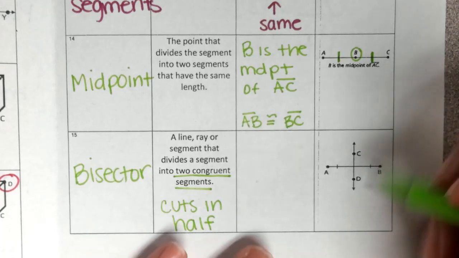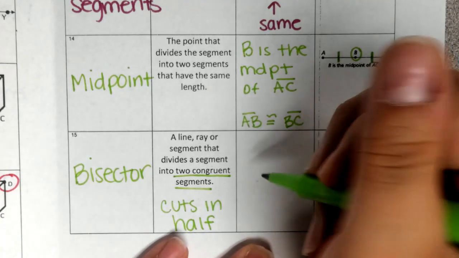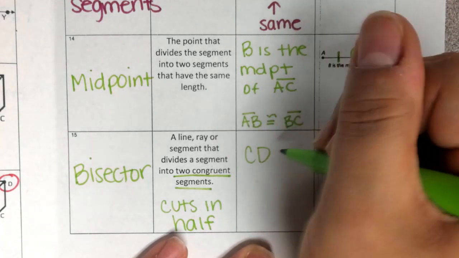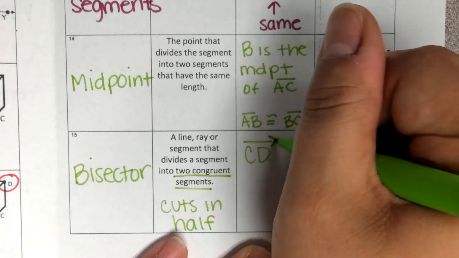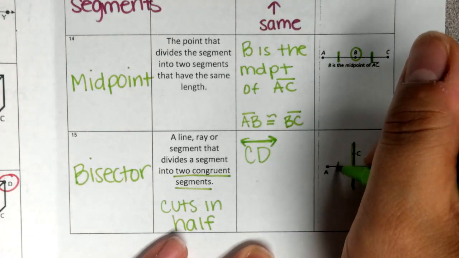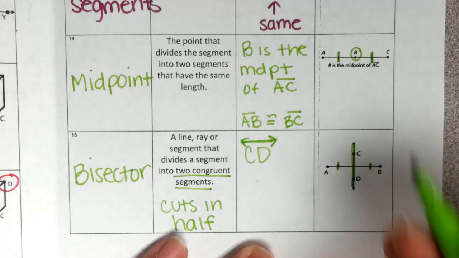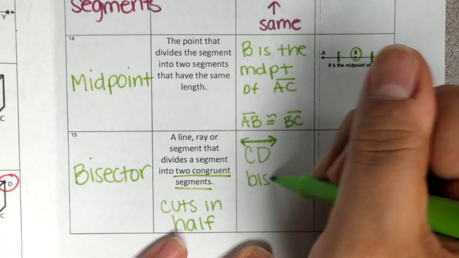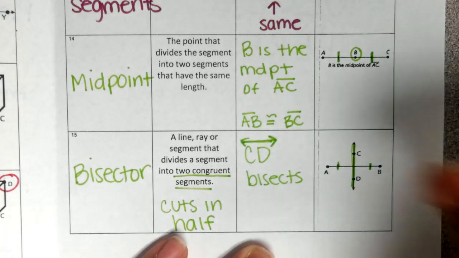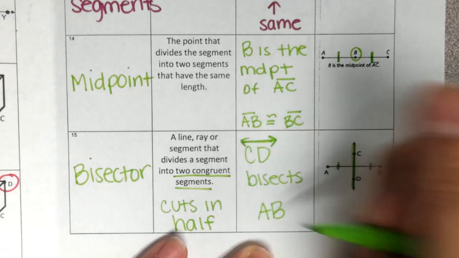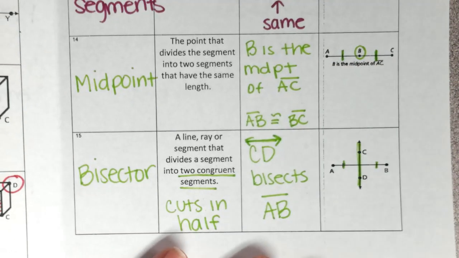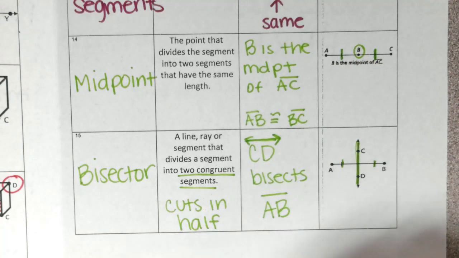CD is cutting it in half. How do I know? It's straight and the other one has my tick marks. So I put arrows with CD because my picture has arrows. CD bisects. Does the other one have arrows? No. So I don't put arrows. CD bisects AB.